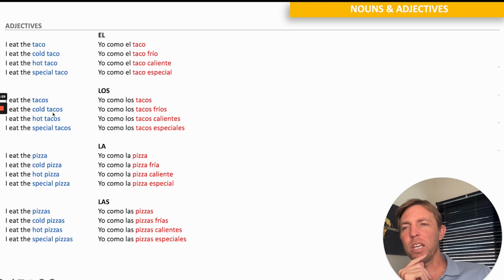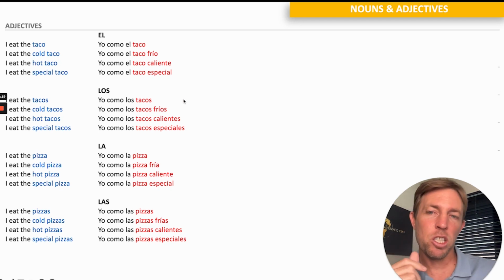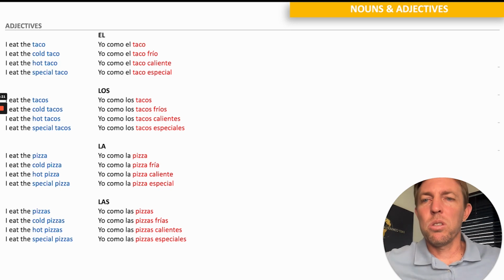Okay? The other thing is that when a word is plural, you add an S. If the word ends in a vowel, like if it ends in an O or an E, you just put an S on it and that makes it plural. So frío becomes fríos. And the adjectives have to match the noun. So los tacos, cool.